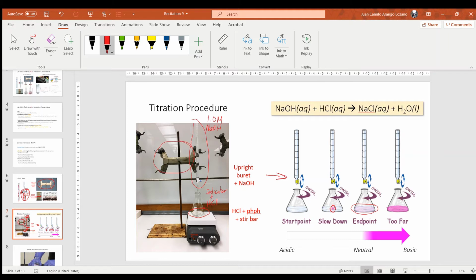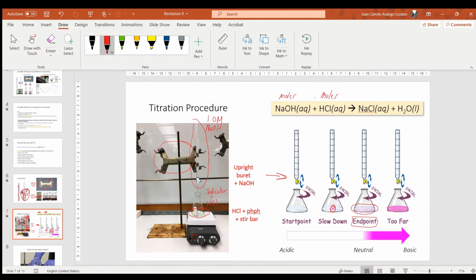At that point, that's called the end point or the titration point, and that means that all the moles of sodium hydroxide that you added have been neutralized with the hydrochloric acid moles that you are trying to titrate. And that's basically what's going on.